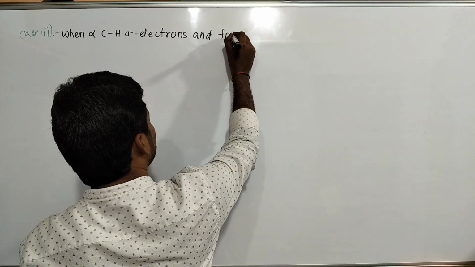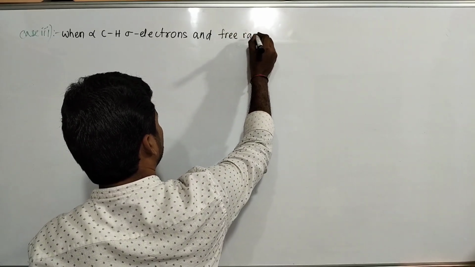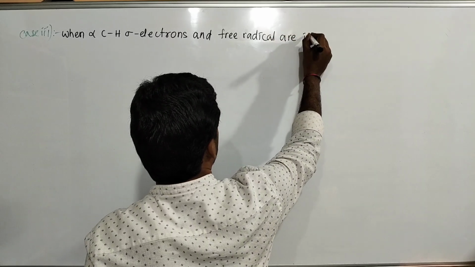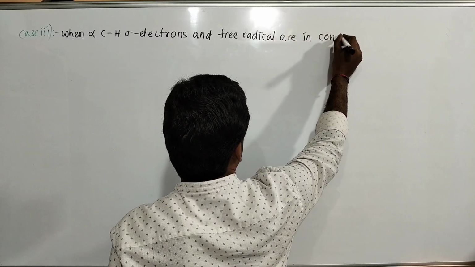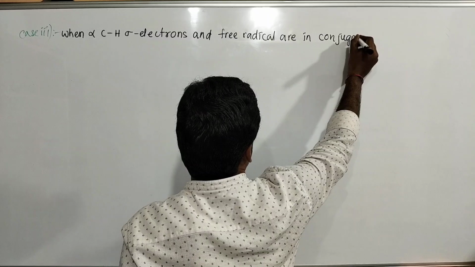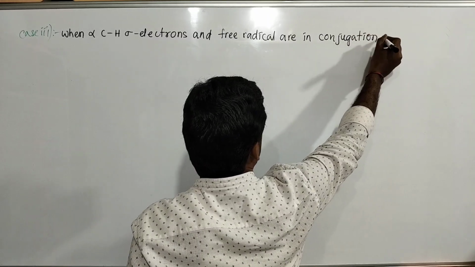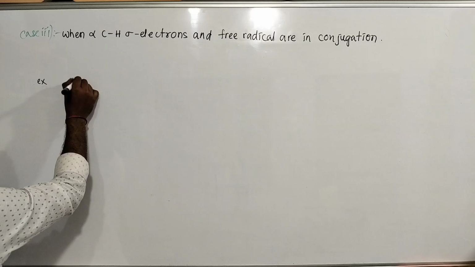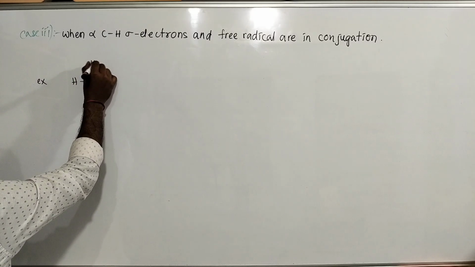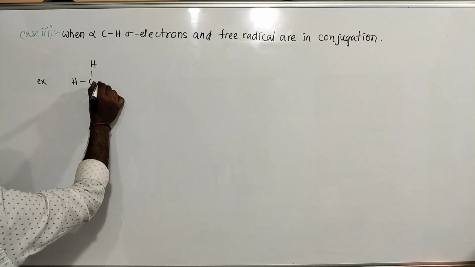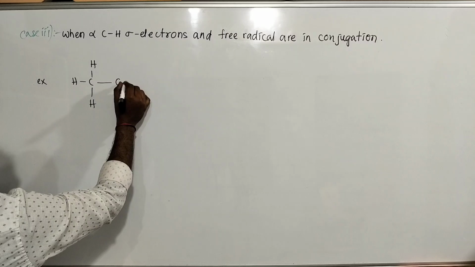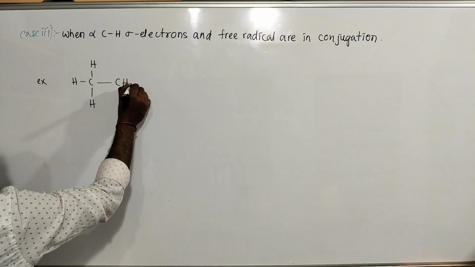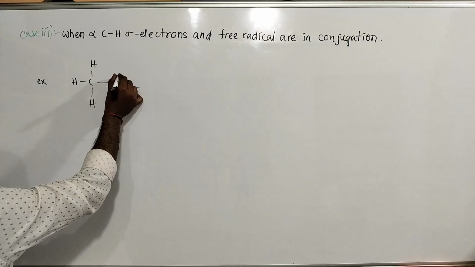Free radical are in conjugation. Example: this is free radical.